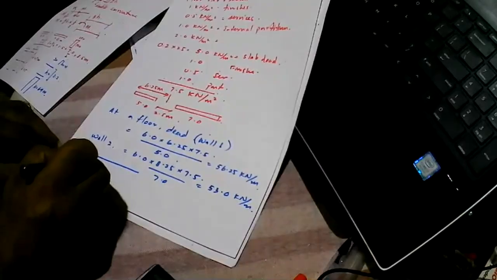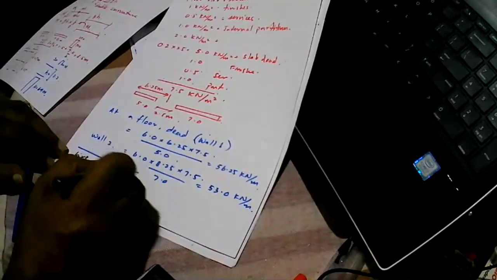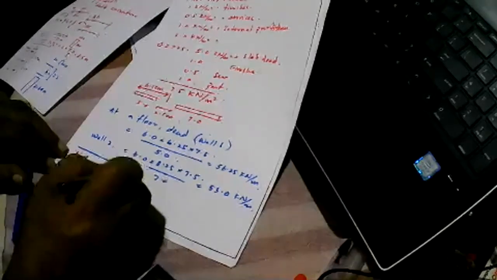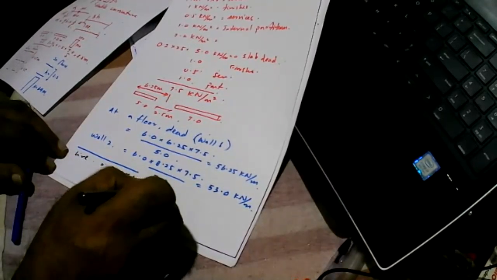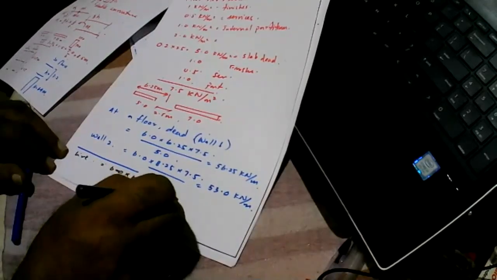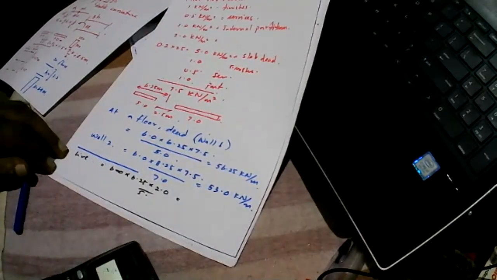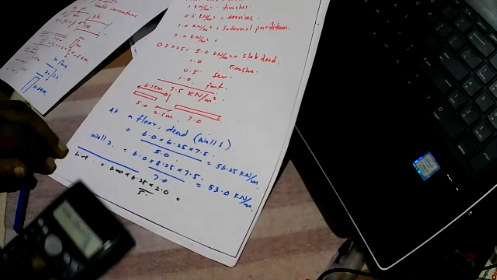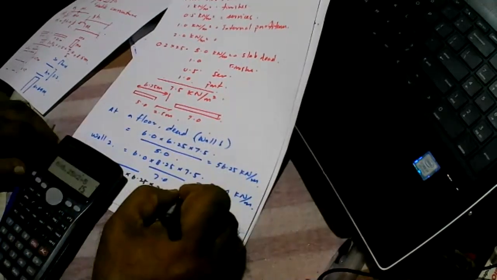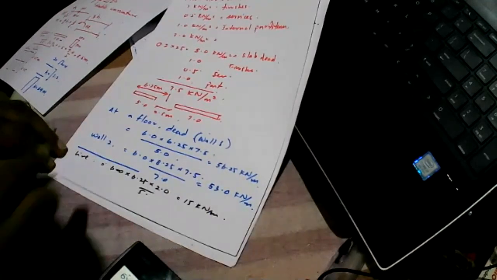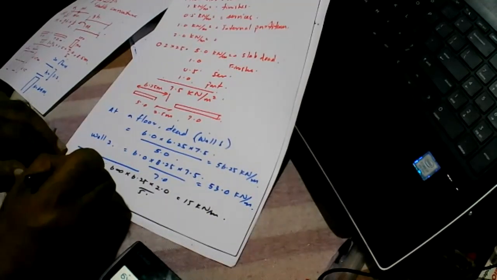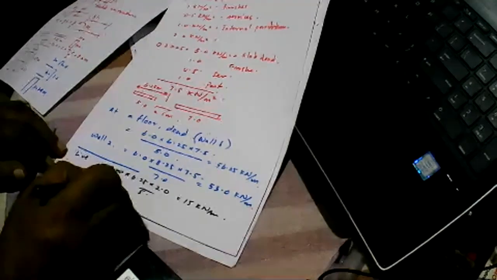Live is 6 multiplied by 6.25 multiplied by 2 divided by 5. So you get 15 for live on wall 1.